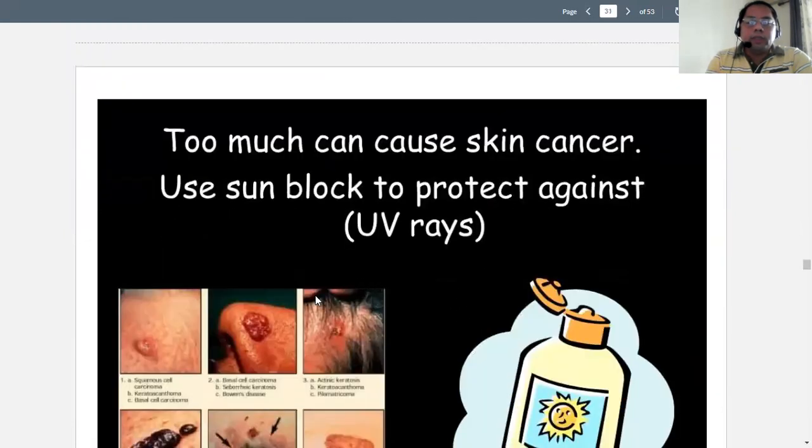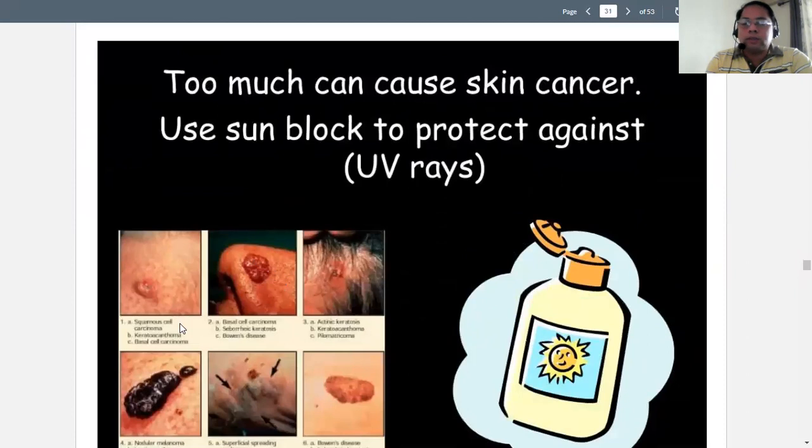But of course, we see also some skin cancers as a result of UV radiation as well. But I think not all skin cancers are a result of UV exposure also. Nowadays, we don't really know some causes of why we have that.